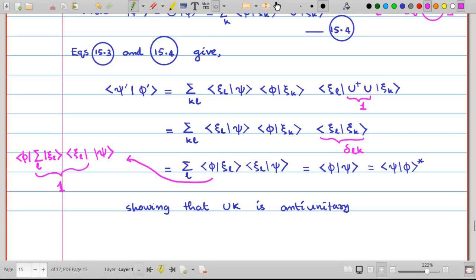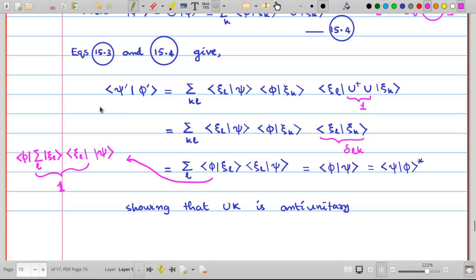But this is the resolution of identity, or in other words, this sum is simply the identity operator. And therefore we will get back the inner product between phi and psi, which is the same as the complex conjugate of the inner product between psi and phi.